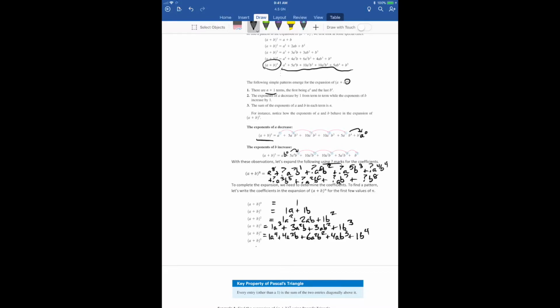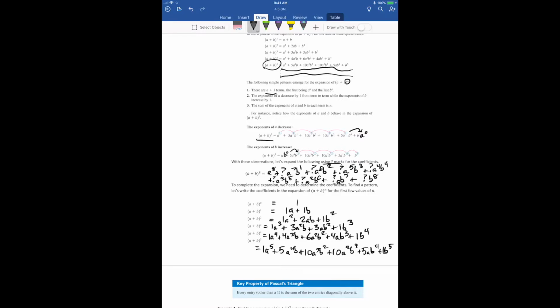And then finally, a plus b to the 5th, and we already saw that up here: 1a to the 5th plus 5a to the 4th b plus 10a cubed b squared plus 10a squared b cubed plus 5ab to the 4th plus 1b to the 5th. Again, a lot to keep track of. This is why we're going through this trouble.